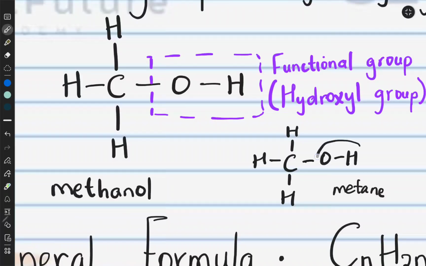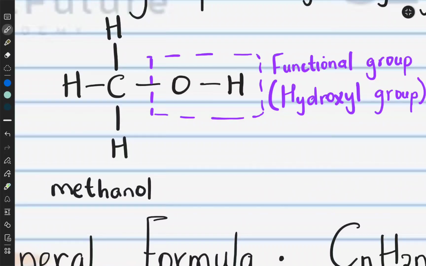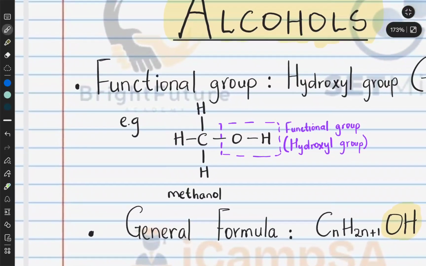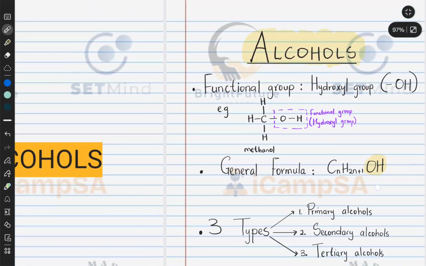So this hydroxyl group is a substituent. It's substituted where there was a hydrogen, and took its place. So that's why we call them substituents. All of them, the alkyls, the halogen atoms, and the hydroxyl group in this case as well, are called substituents.